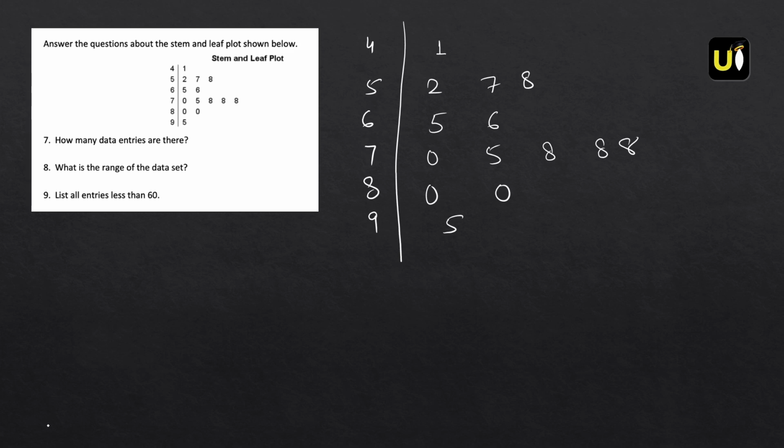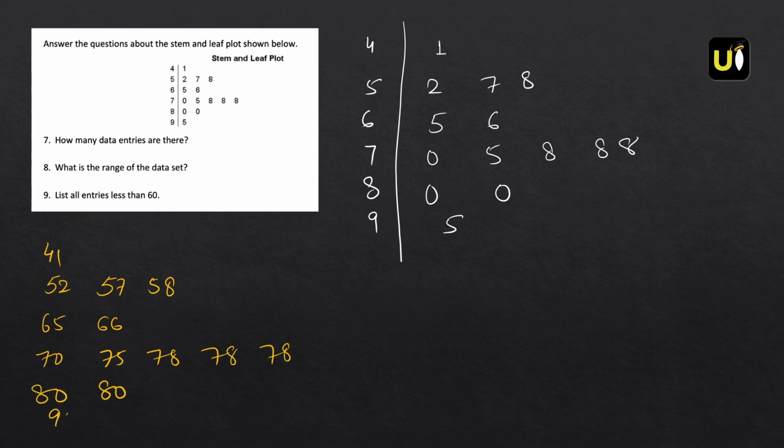So first of all, we will write it in normal form: 41, 52, 57, 58, 65, 66, 70, 75, 78, 78, 78, 80, 80, and 95.